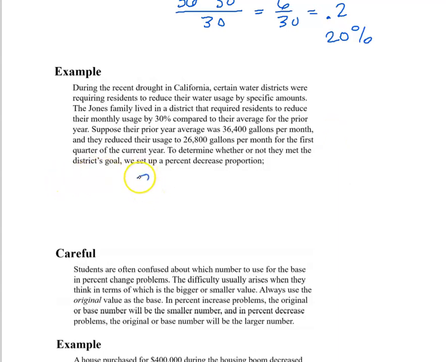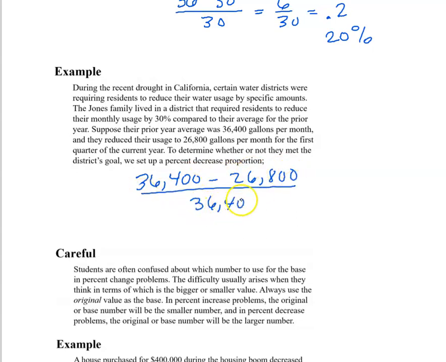So remember that you're going to do the bigger number minus the smaller number divided by the original. We started out with 36,400. So 36,400 minus 26,800.